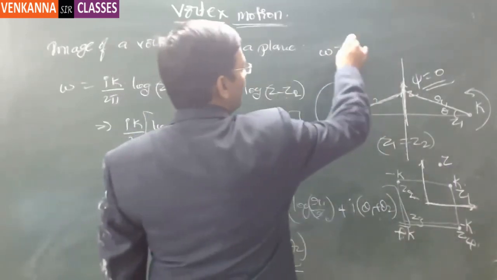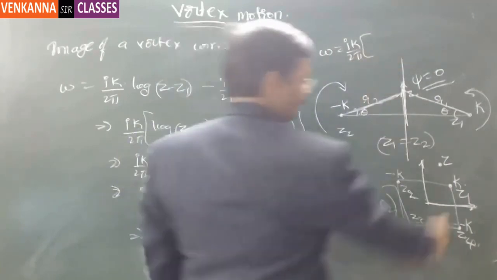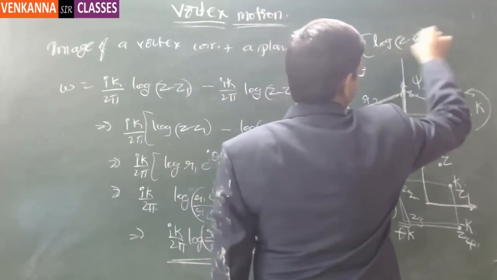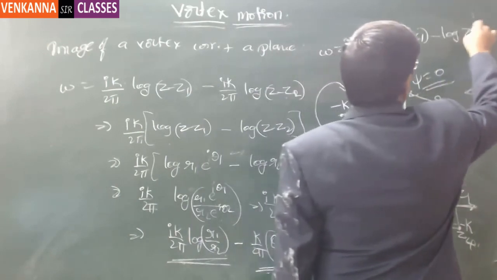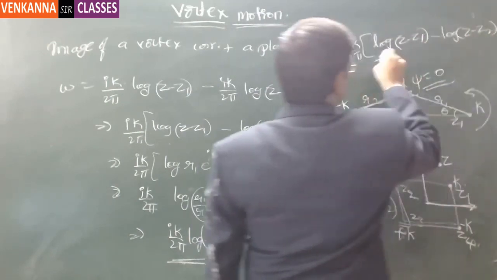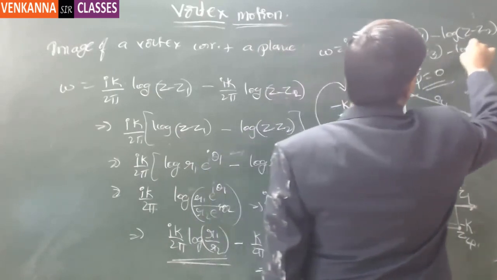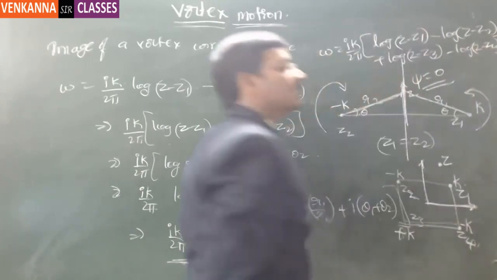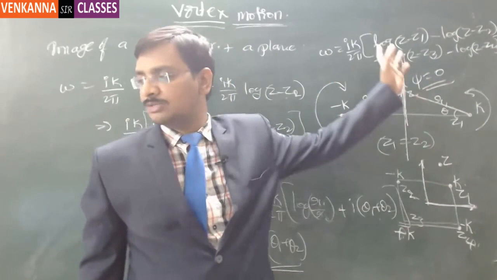Now W will be ik by 2 pi times of log Z minus Z1, minus log Z minus Z2, plus log Z minus Z3, minus log Z minus Z4. This will be the complex potential of this entire system of vortices. Got it?